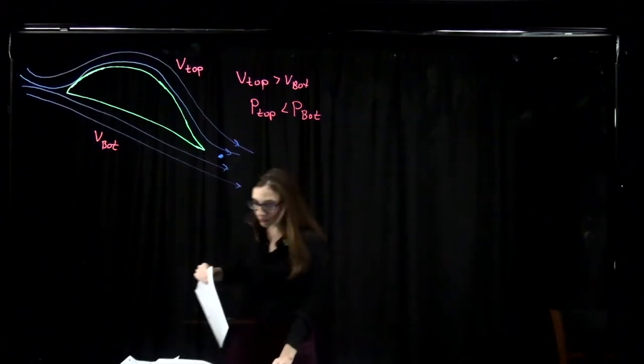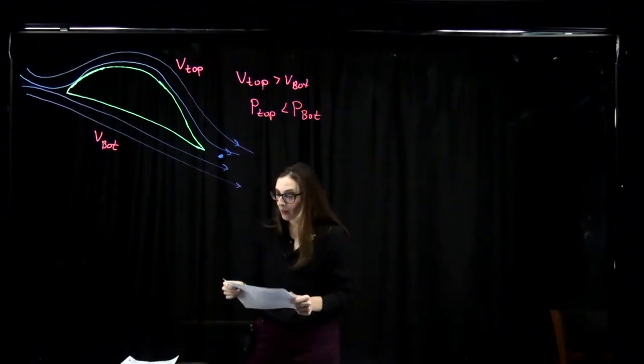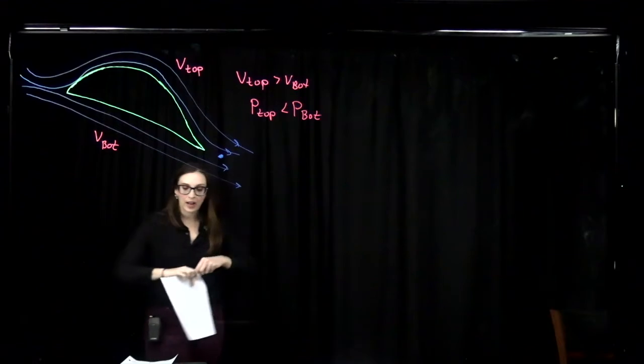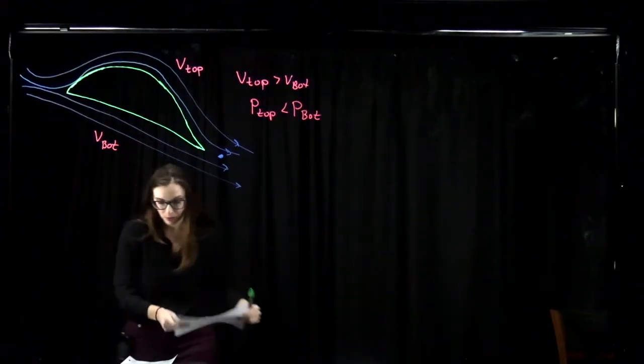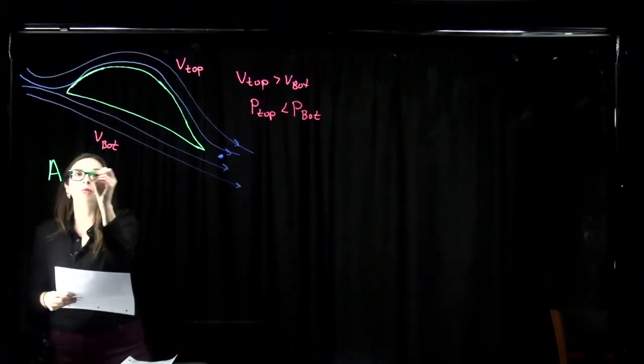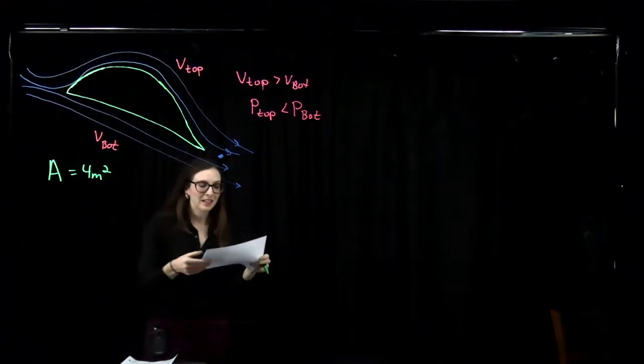So for this problem, we have an airplane with wings, each of an area of 4 meters squared. So the area for each wing is 4 meters squared. Okay, but an airplane has 2 wings.